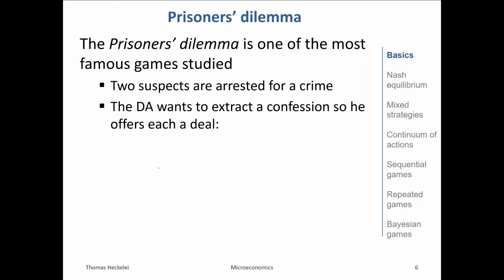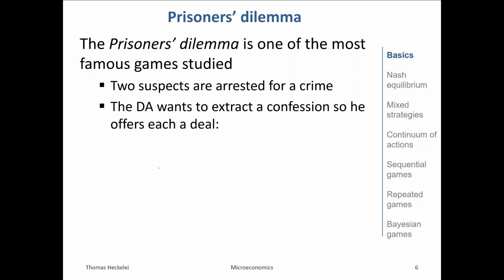However, the district attorney does not have enough supportive evidence to conclude this crime. So she is really eager to extract a confession from the suspects, and she consequently makes a deal to each of them separately.